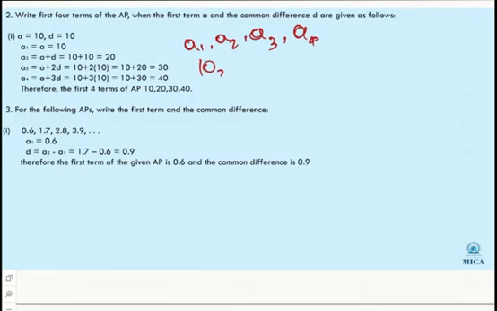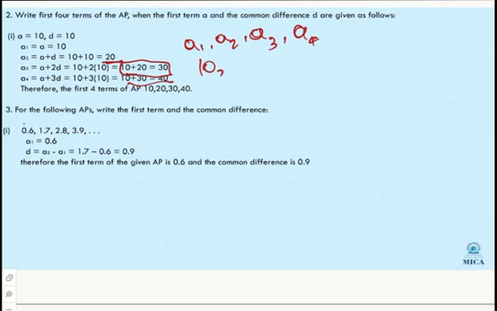A2 is equal to A plus D, which is equal to 10 plus 10, which is equal to 20. A3 is equal to A plus 2D, which is equal to 10 plus 2 into 10, which is equal to 10 plus 20, which is equal to 30. A4 is equal to A plus 3D, which is equal to 10 plus 30, which is equal to 40. So the first 4 terms of the AP are 10, 20, 30 and 40.